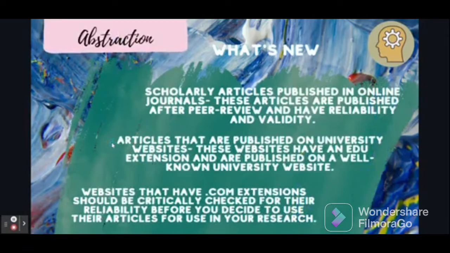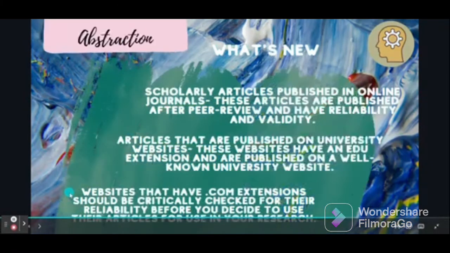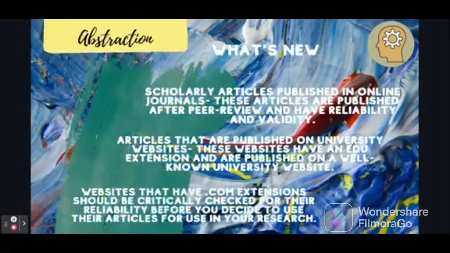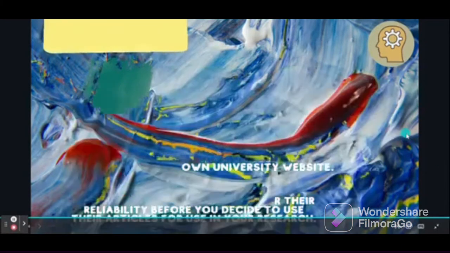Next to remember, articles that are published on university websites. These websites have an .edu extension and are published on a well-known university website. Then websites that have .com extensions should be critically checked for their reliability before you decide to use their articles in your research.